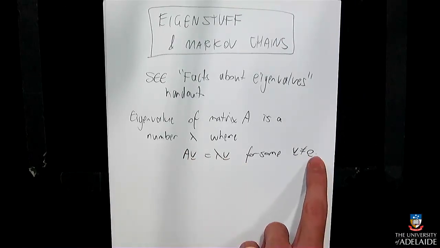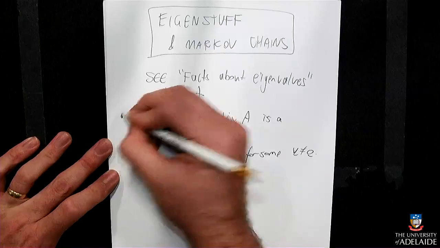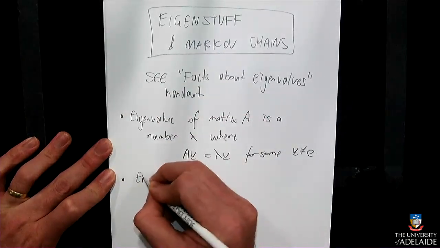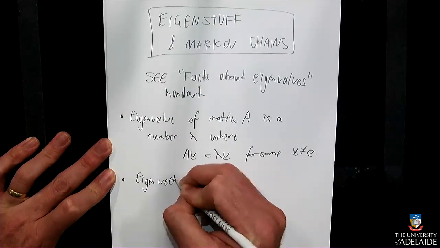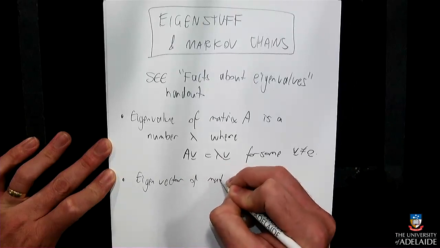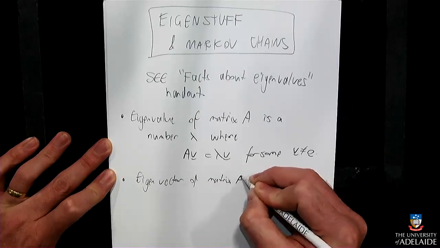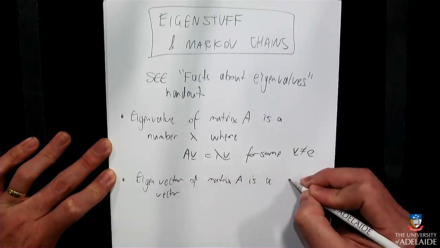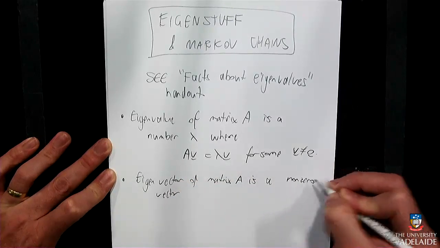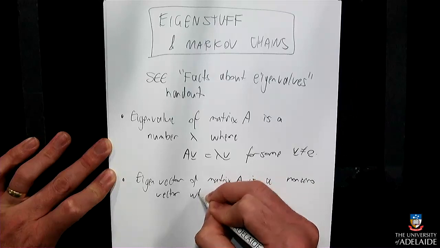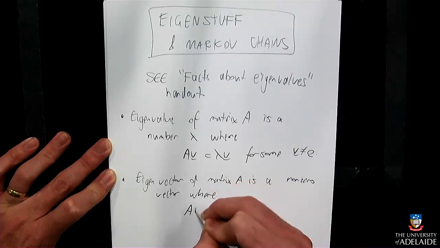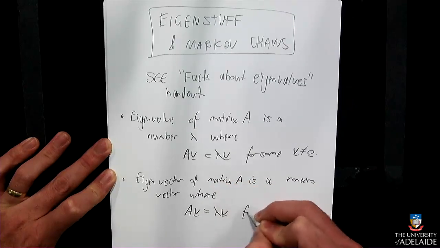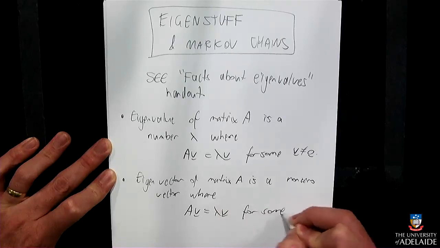And that's an underlined 0 because it's a vector, so it has to be the 0 vector as opposed to just the number 0. An eigenvector of matrix A is a non-zero vector where AV is lambda V for some lambda.